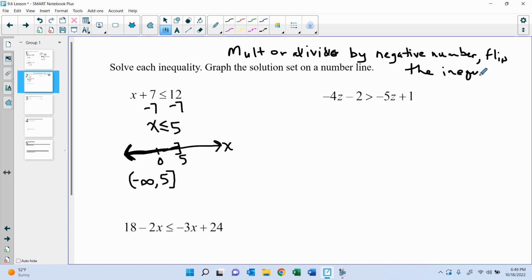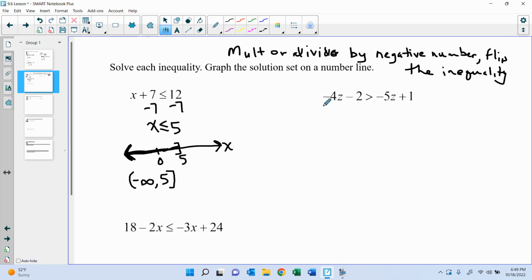It stays equal or not equal, whichever it is, but the inequality part has to change. So if we can avoid having to do that, that would be great, because we would just not have to deal with that. And that's part of the reason that I teach it that way.